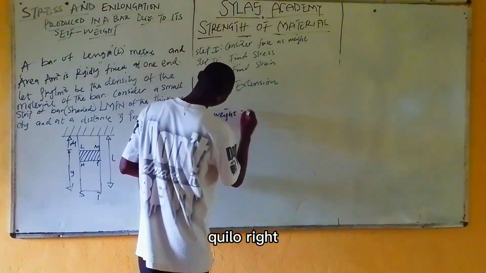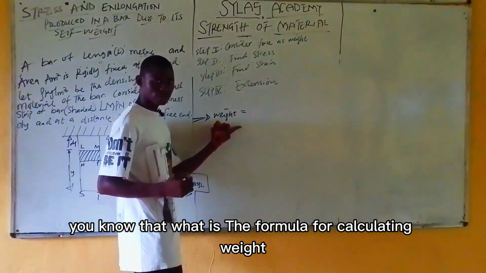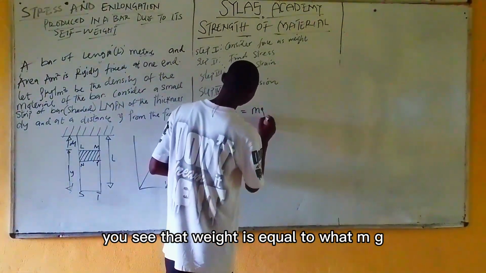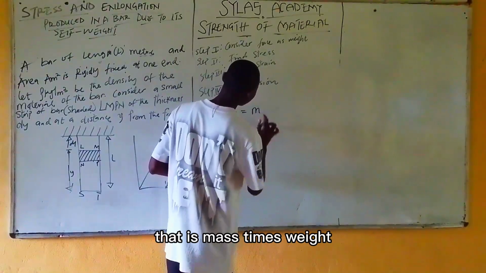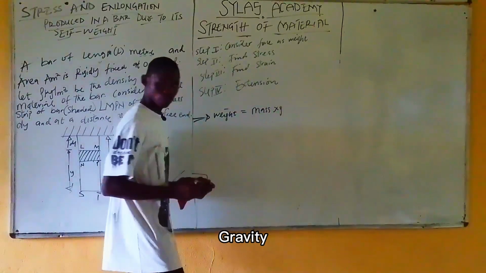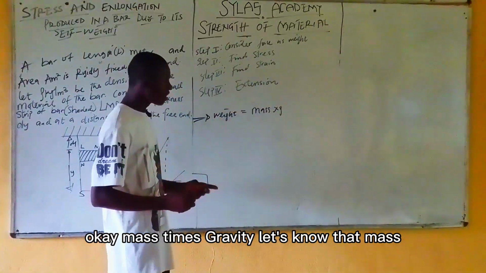You know the formula for calculating weight: weight is equal to mg, that is, mass times gravity.